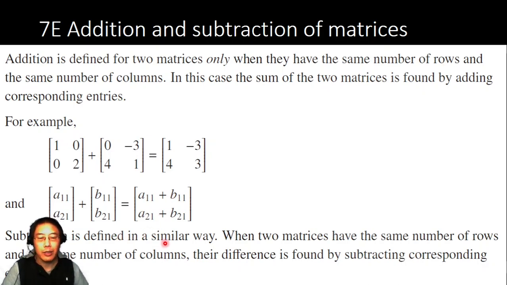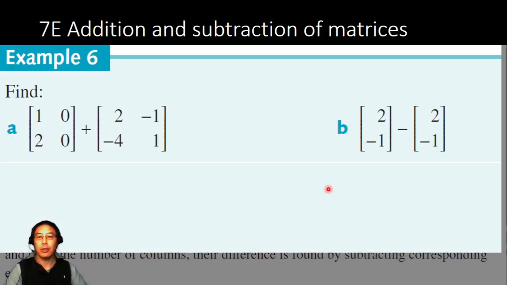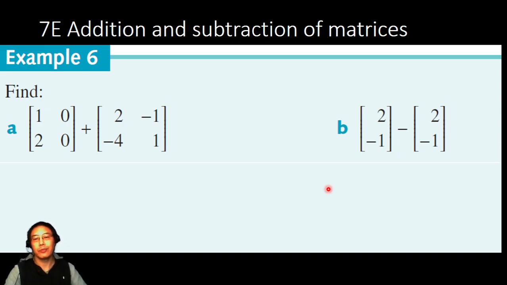If you subtract, again, the matrices must have the same dimension, the same number of rows and columns. And what you do now is for each corresponding entry, you do a difference from the left to the right. Okay, next one. Example.